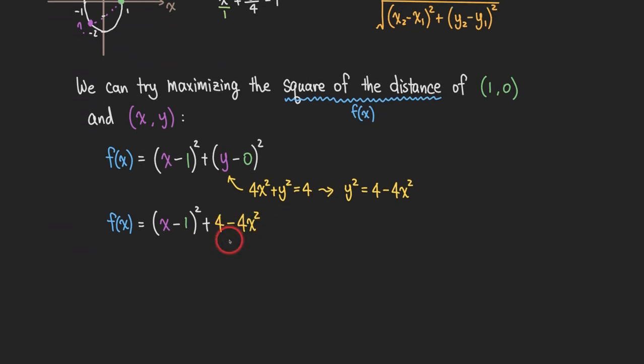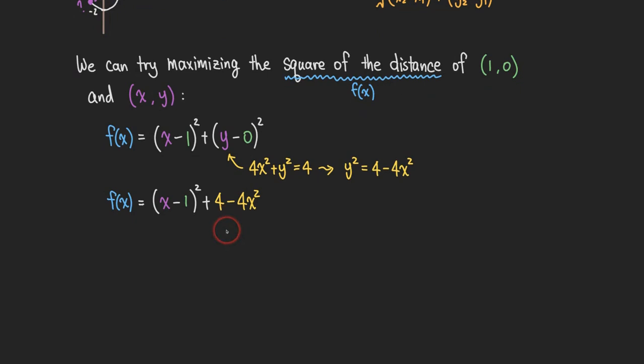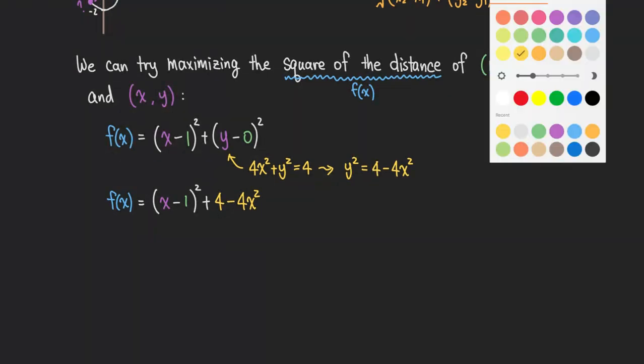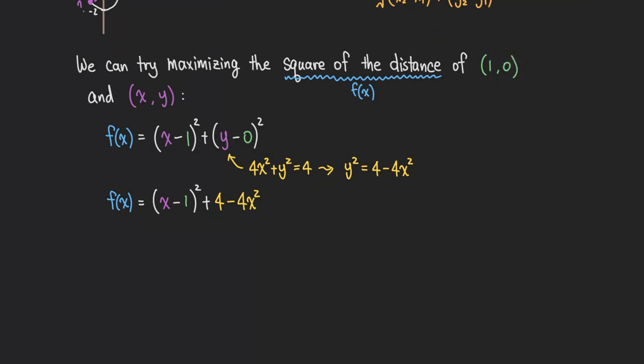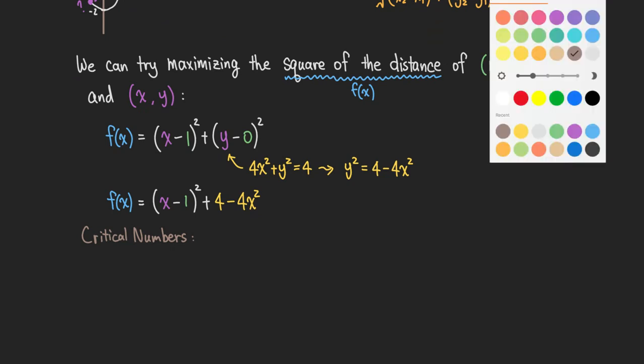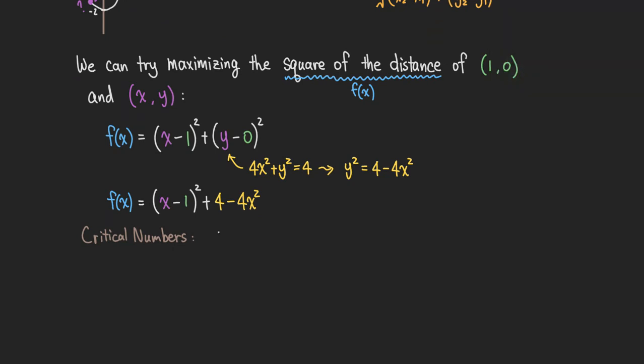Okay, so how do we maximize a function? First thing, we need to take the derivative. So let's take the derivative and then find the critical numbers. So f prime of x is equal to, it's up to you whether you want to expand this x minus 1 squared.